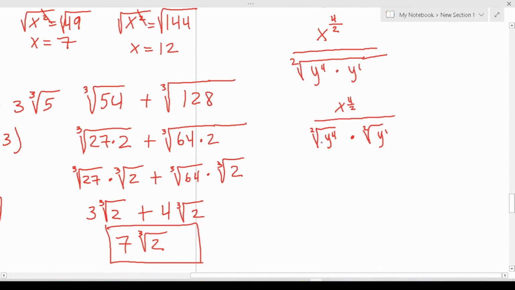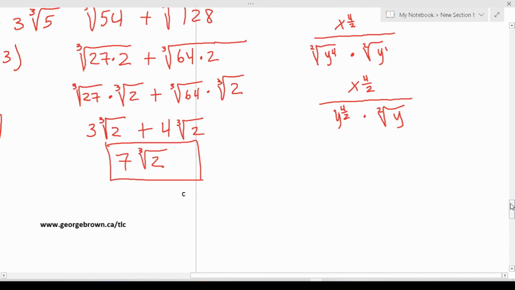And now we can rewrite this radical as an exponent, which will help us simplify it very quickly. And this is x to the 4 over 2 over, and let's rewrite this one as an exponent. That's going to be y to the 4 over 2 times the square root of y.